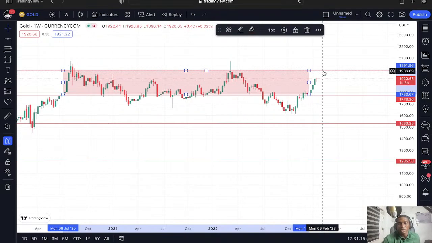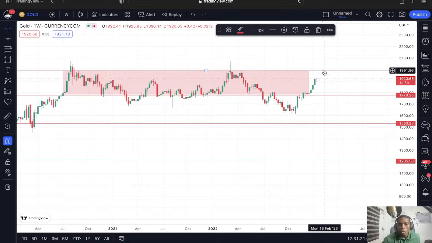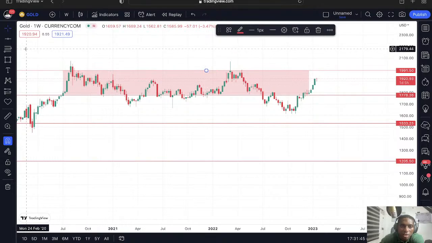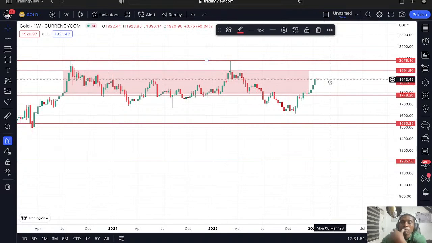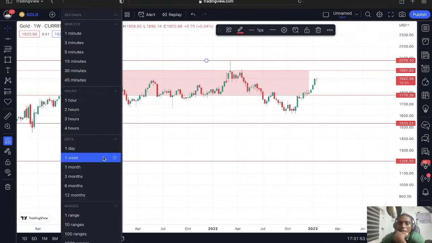We can see gold on its way to $1,991, that's where we see gold rising to. So we can see the price of gold moving upward to touch the next resistance level. So let's look at the daily time frame.